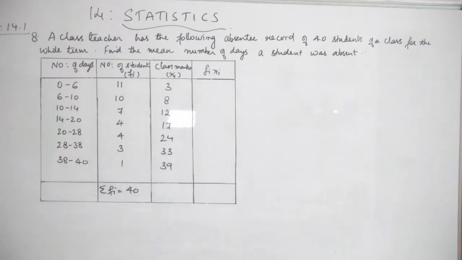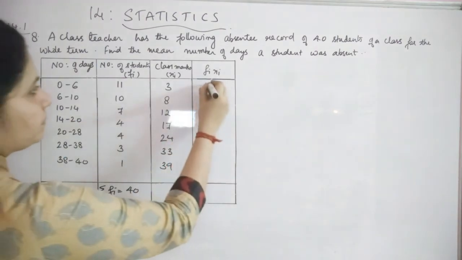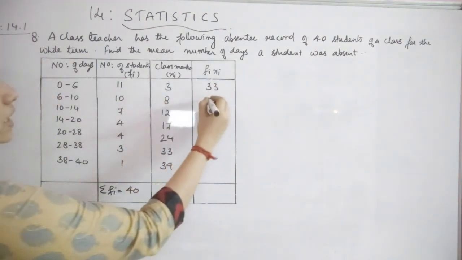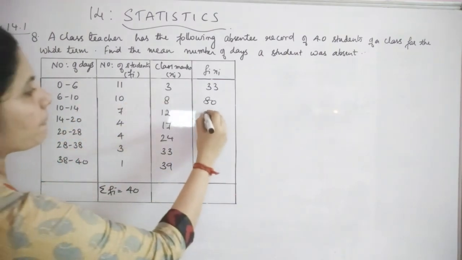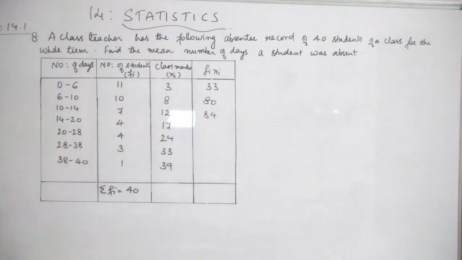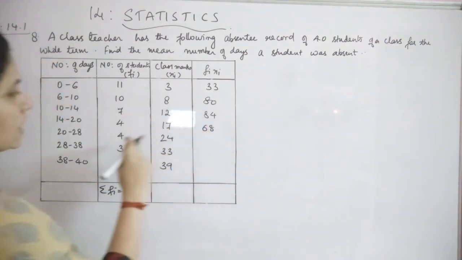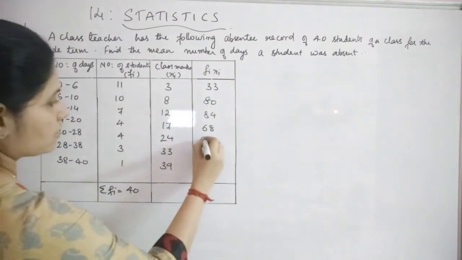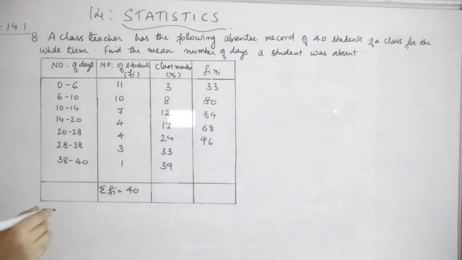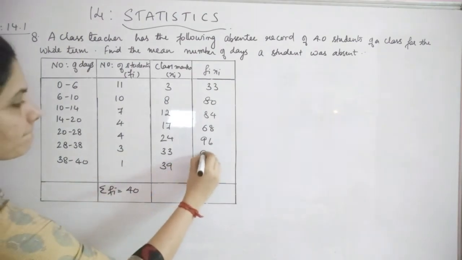Okay, now what is 11 into 3? 33. 10 into 8, 80. 7 into 12, 84. Then 4 into 17, 68. 4 into 24, 96. 3 into 33, 99.